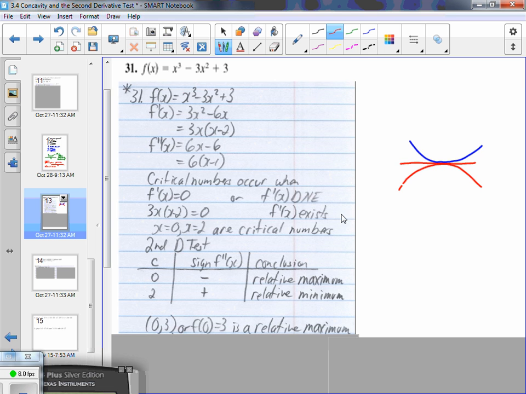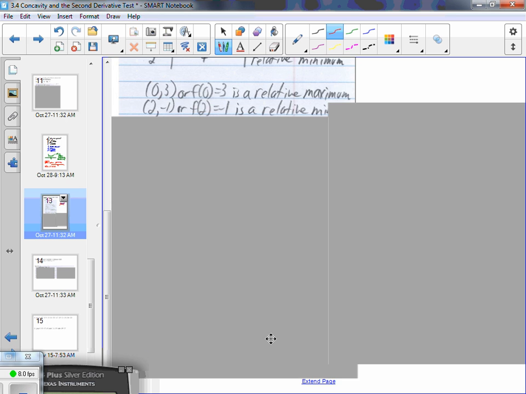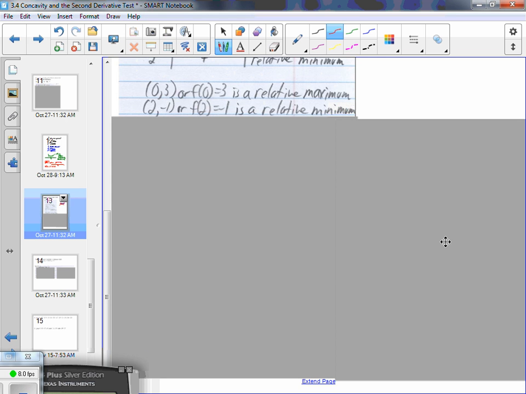-1. You put a 2 into your original function, simplify it. So the point (2, -1), or f of 2 equals -1, is a relative minimum. So the actual relative minimum is -1.